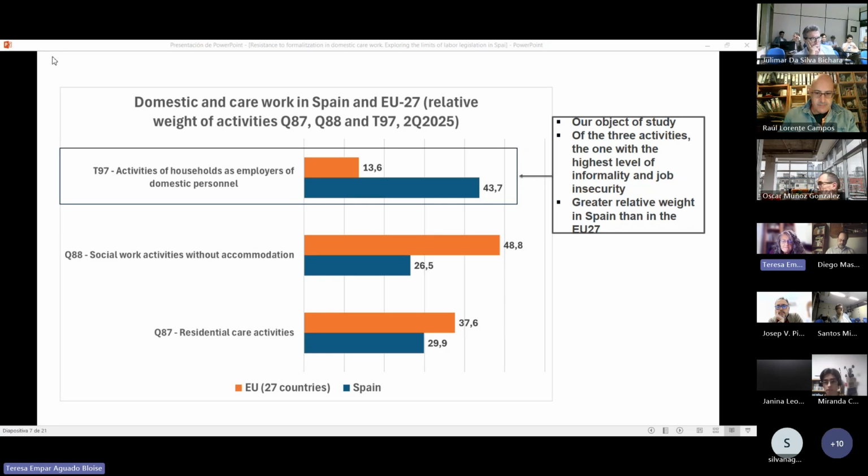Spain relies on this mode of provision much more than neighboring European countries. And it is precisely in this form of provision that we find the highest degrees of precariousness and informality. This demand is largely met by migrant women who occupy a structurally vulnerable position in the labor market.